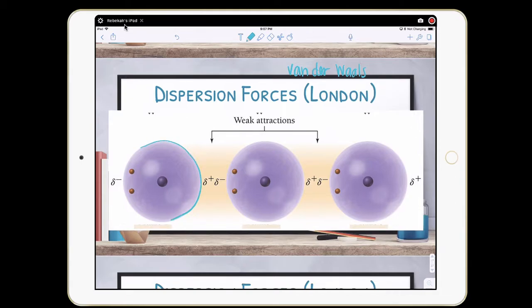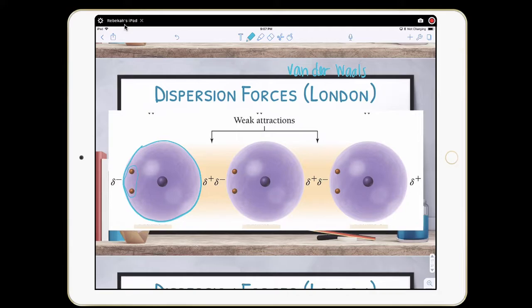They're not bonding, but they do wind up having interactions between these atoms. They're not intramolecular because they're not bonded, so they're intermolecular here.